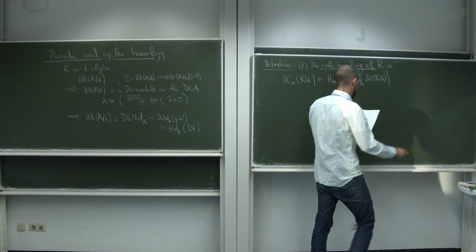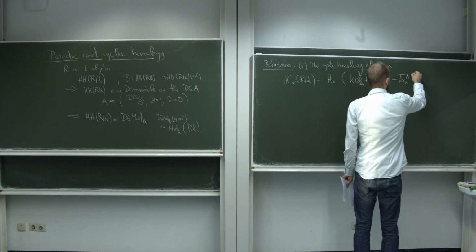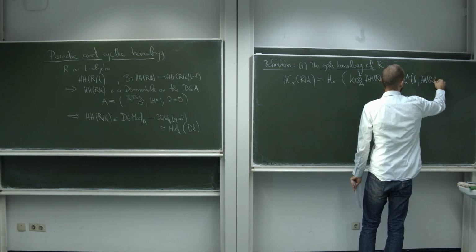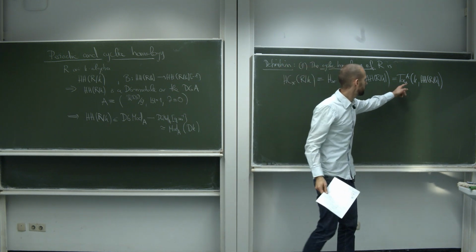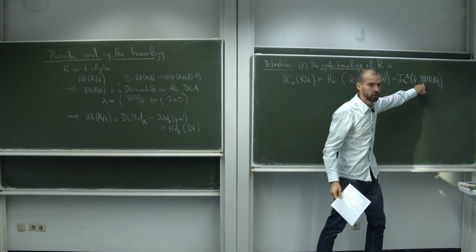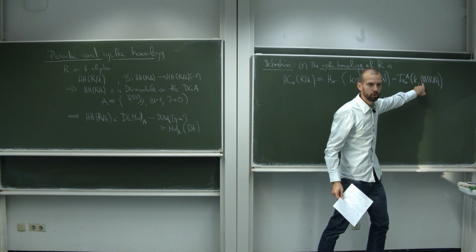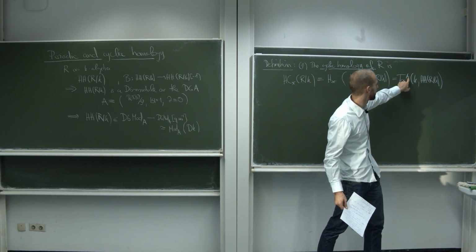And another way of writing that is just to say it's the Tor groups Tor^A(K, HH(R/K)). But again, I want to issue the warning that this is Tor groups where this is a chain complex. So one has to be a little bit careful what exactly one means by Tor groups. The potential for confusion comes from the fact that this a priori doesn't have a differential.